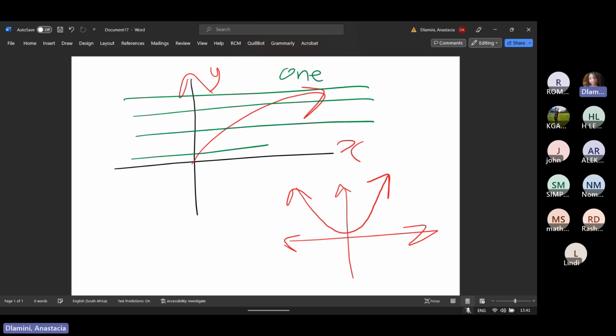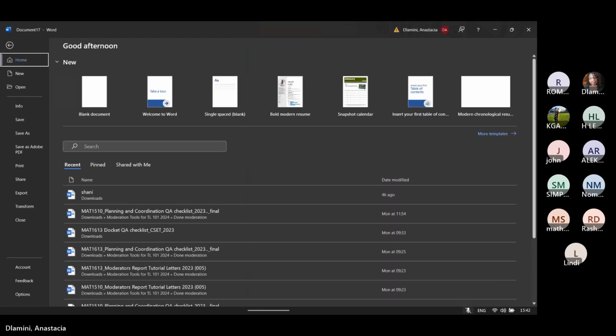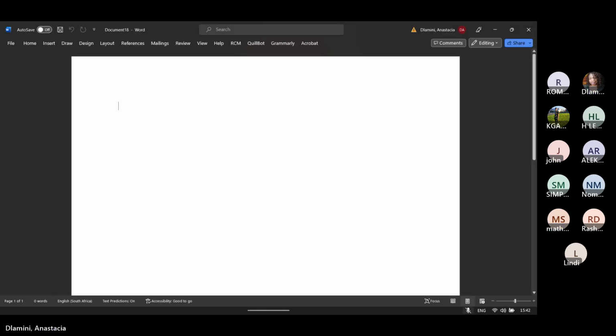This is one-to-one. Horizontal line test. You see it cuts two. This is not one-to-one. Do you see that? Yes, ma'am. So now there's a statement.